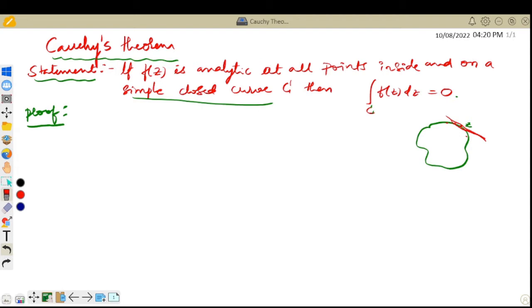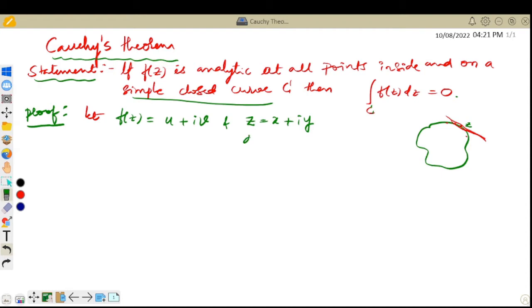Let us prove this. Let f(z) be equal to u plus iv, and in Cartesian form, z is equal to x plus iy.